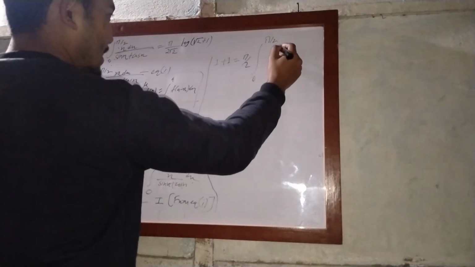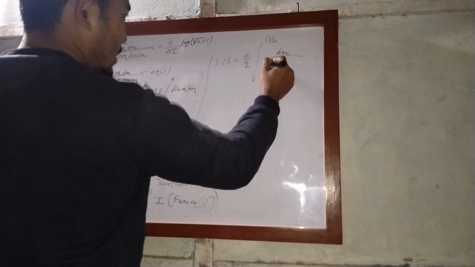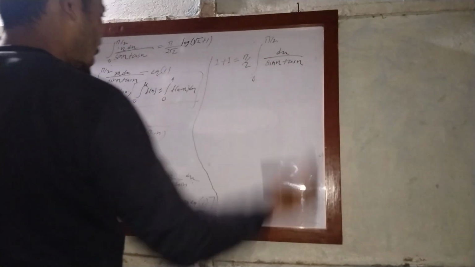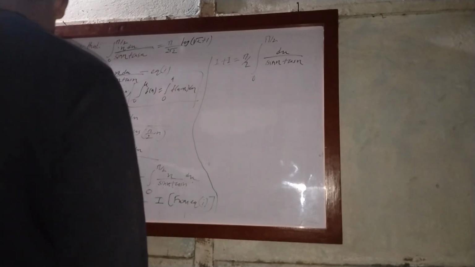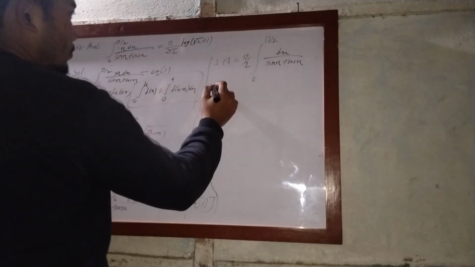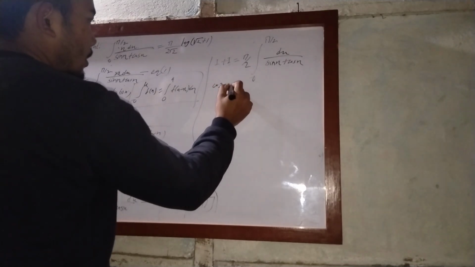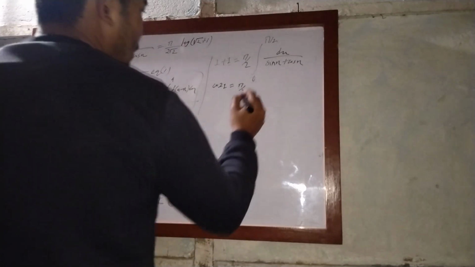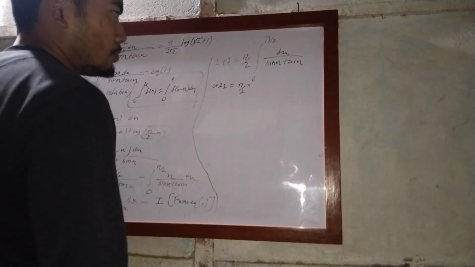Now what remains is dx by (sin x plus cos x). So 2I is equal to pi by 2, now into what?